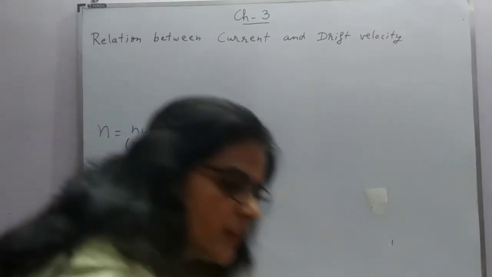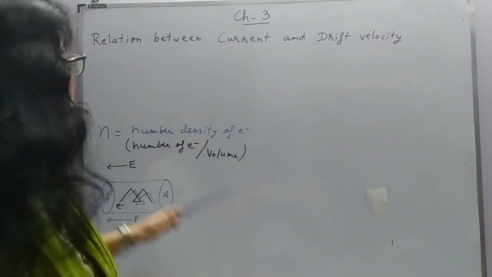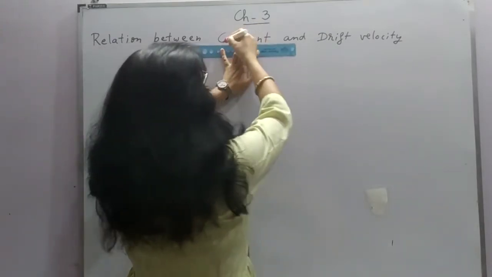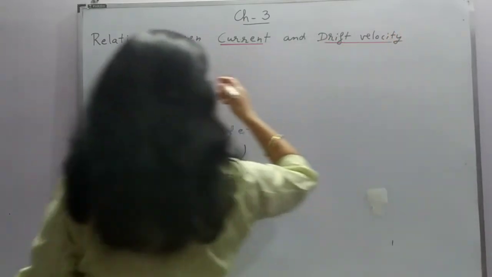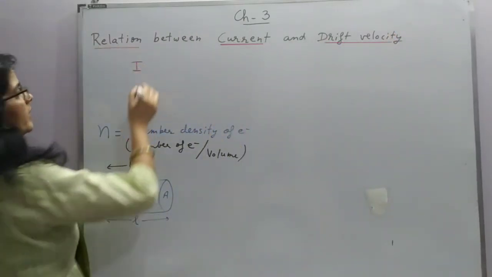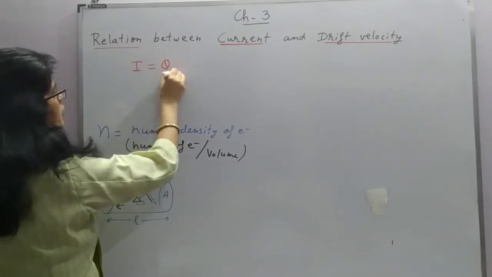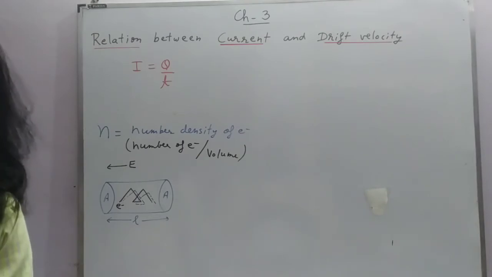For this relation, I'll use the basic formulas which you already know. So I know the formula for current: I is Q upon T. Rate of flow of charge is current.